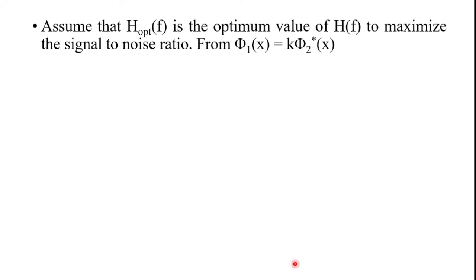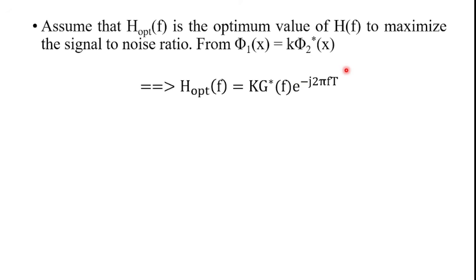The optimum value of the filter is denoted as H opt of f, to maximize the signal to noise ratio, from phi 1 of x is equal to k into phi 2 conjugate of x. But phi 1 of x is considered as H of f, and here we can assume that H opt of f is equal to H of f. So therefore phi 1 of x, that is H opt of f, is equal to k into phi 2 of x.